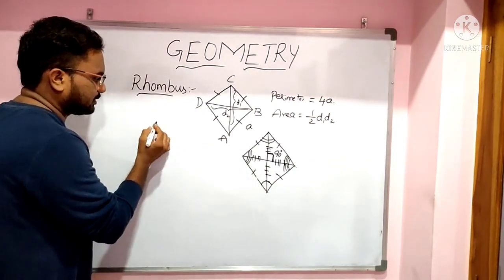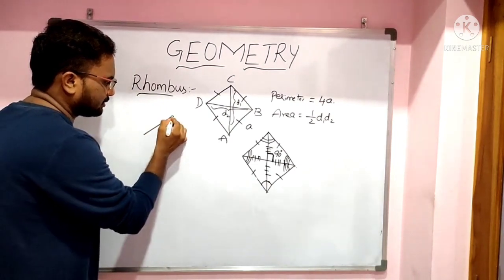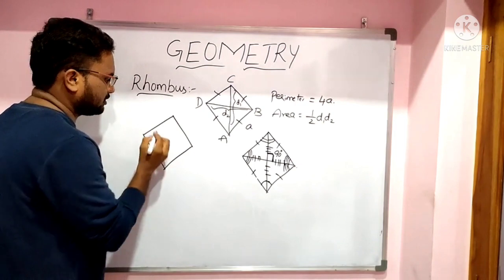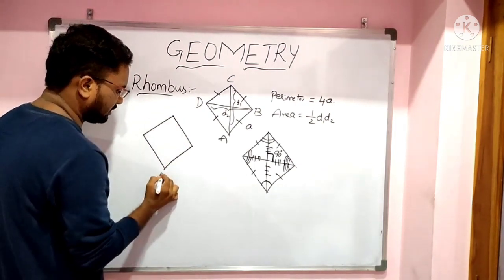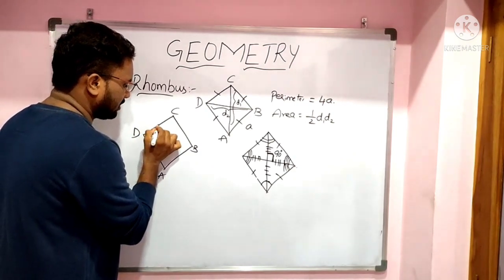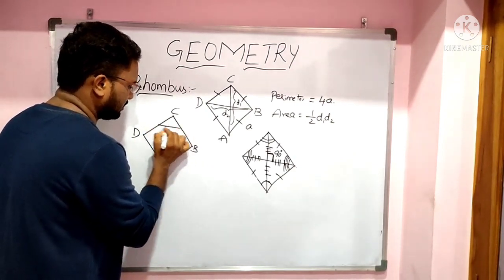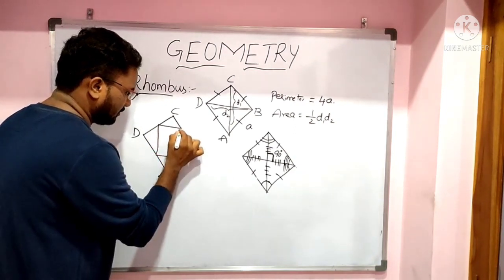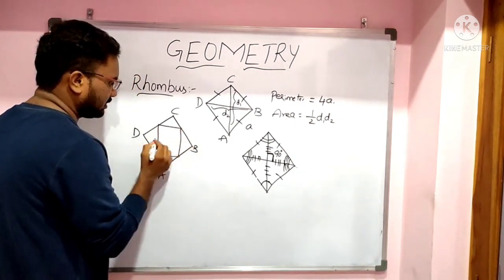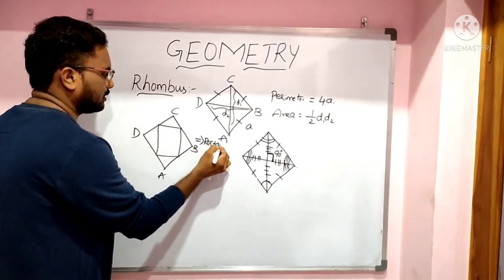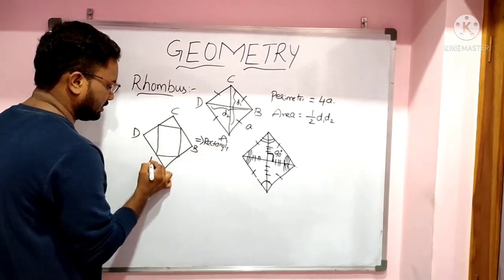Next, in a rhombus, if you join the midpoints of all the sides, let's say ABCD is a rhombus. This is the midpoint of CD, this is the midpoint of BC, and this is the midpoint of AD. If the midpoints of all the sides are joined, then the figure formed is a rectangle.